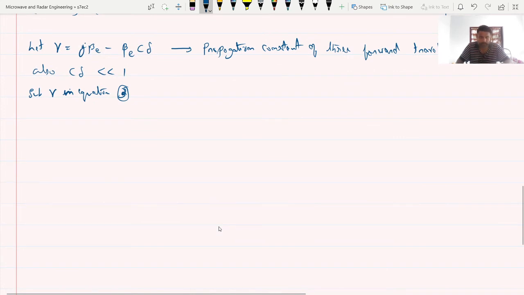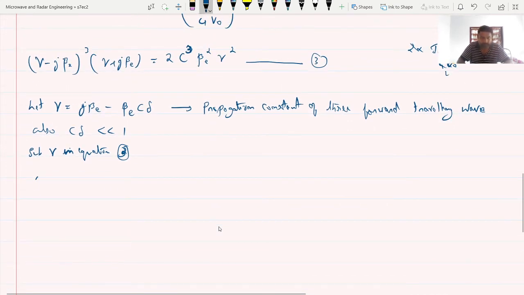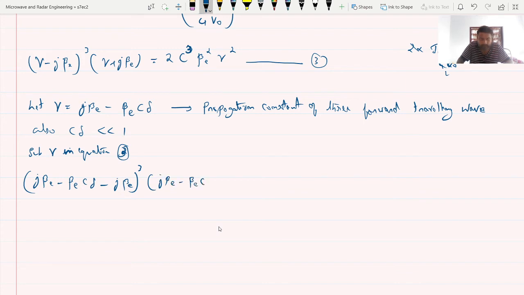What you will get? Gamma is nothing but j beta e minus beta e c delta minus j beta e the whole cube into j beta e minus beta e c delta plus j beta e, which is nothing but 2 c cube beta e square into j beta e minus beta e c delta the whole square.